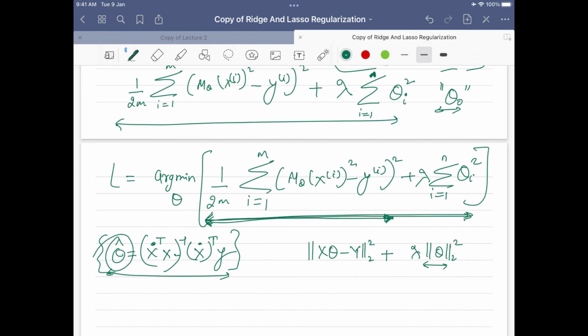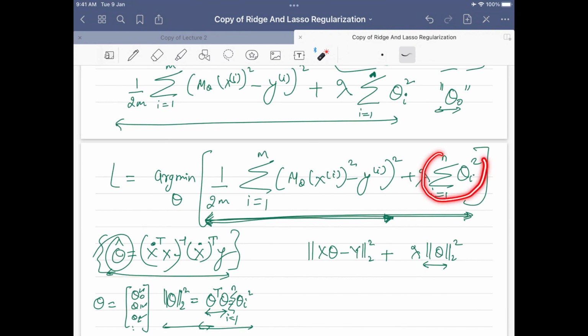If you have a vector of theta 0, theta 1, theta 2 and so on, then this is the 2 norm of theta, which is nothing but theta transpose theta. That is theta i square, summation i running from 1 to n, if you write it in terms of the individual values of the vector theta. All these expressions are the same. I am trying to represent the matrix version of this expression, and it is this here.